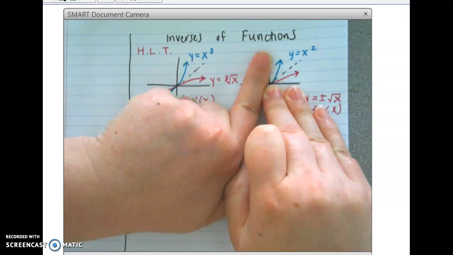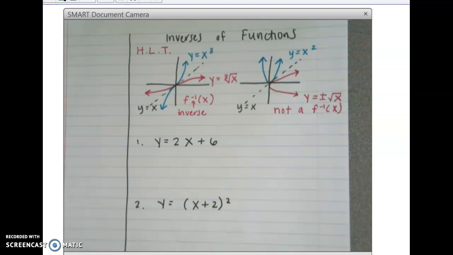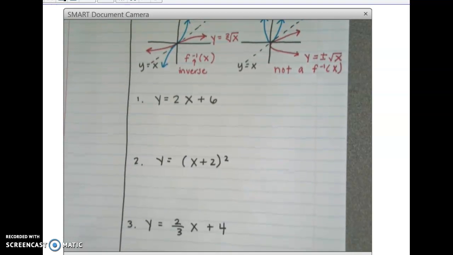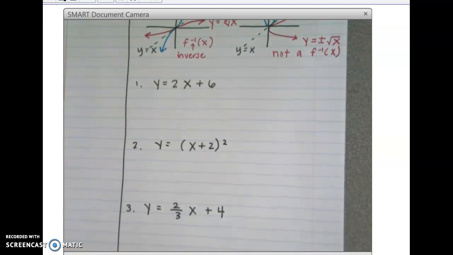So that's just a notation thing, and the only purpose of having an inequality to restrict the graph is to make the inverse a function. So don't be alarmed if you see some of that notation. It's not going to affect how you do the work. It's just going to affect the graph.